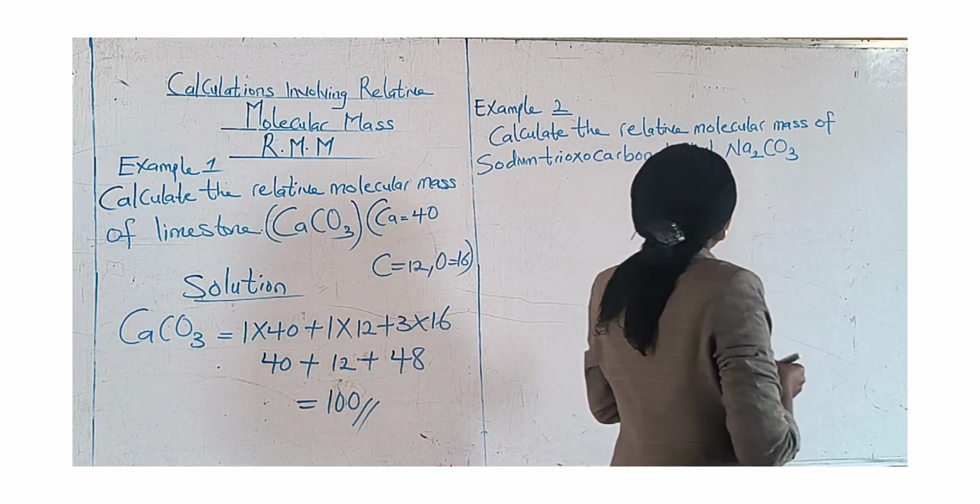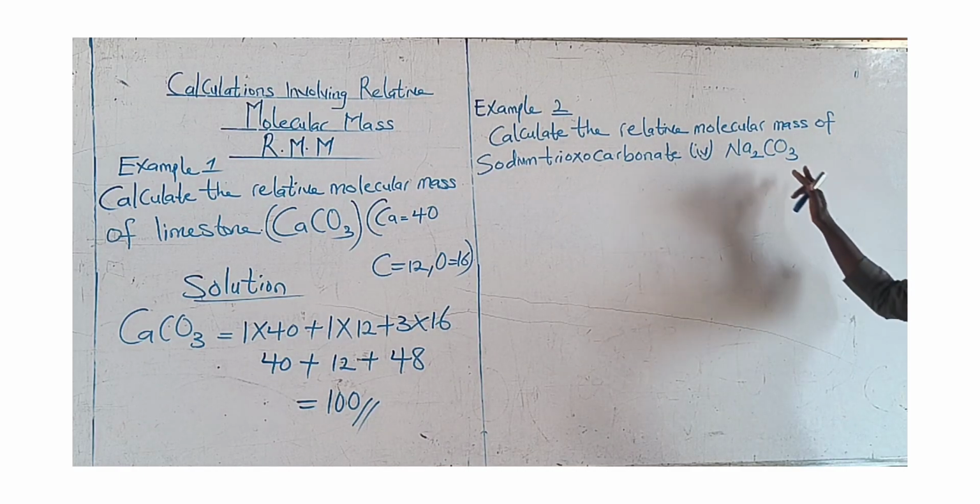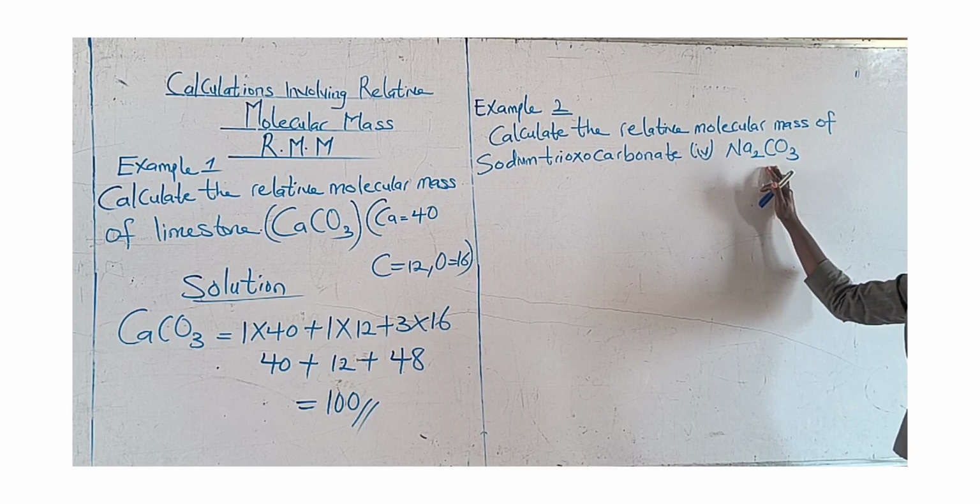Good. So you have to calculate the relative molecular mass of sodium trioxocarbonate(IV), and you're given the chemical formula to be Na2CO3.